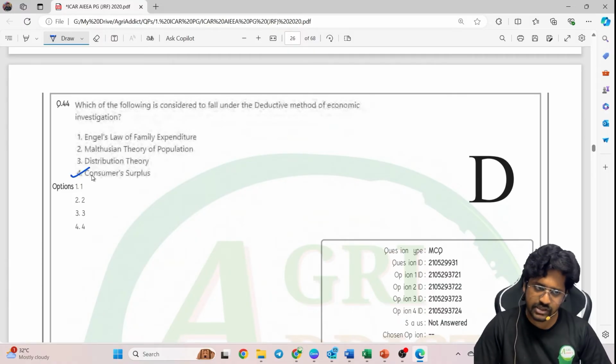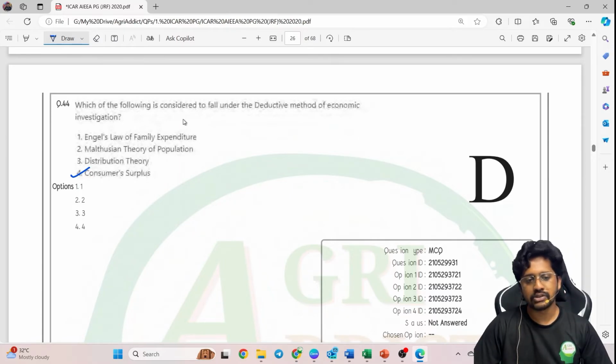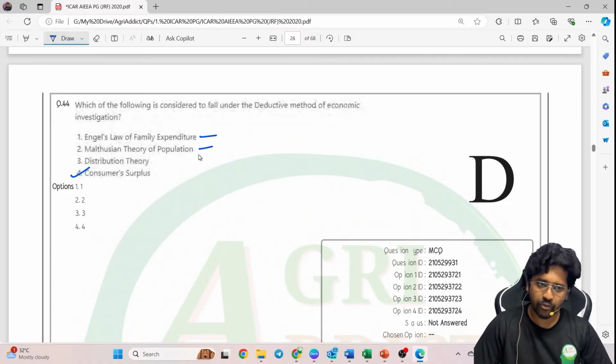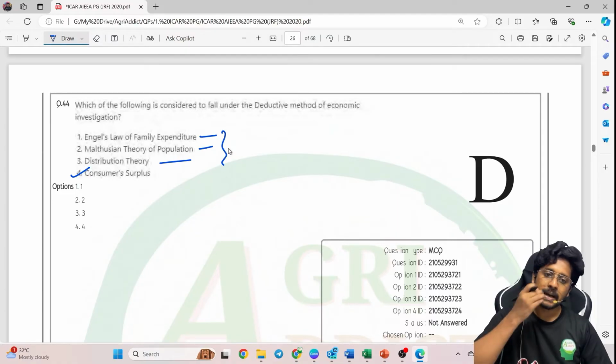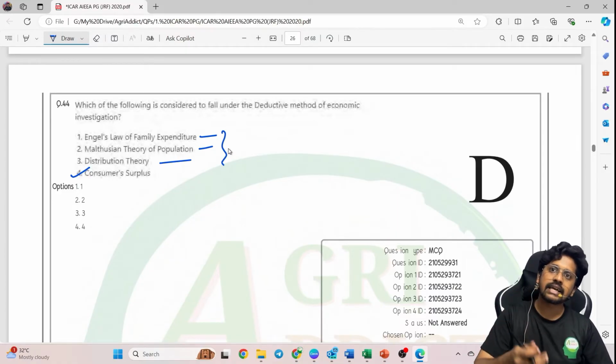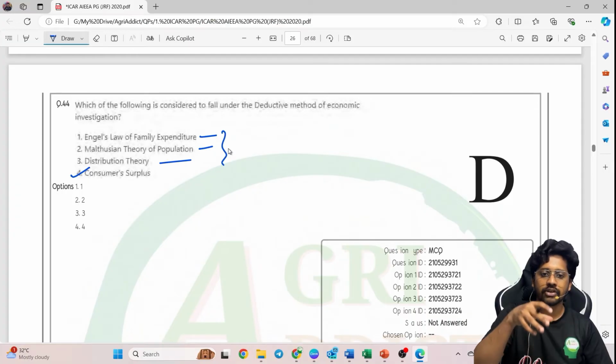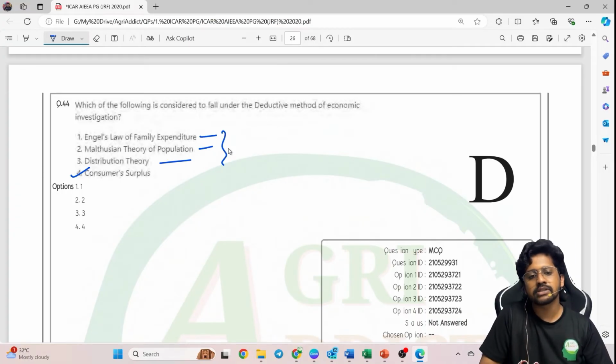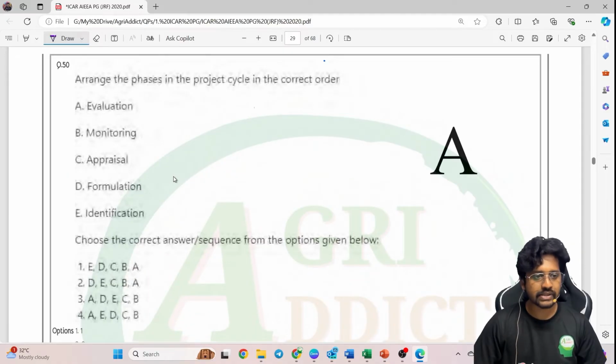So consumer surplus goes under the deductive method, which also means that Engel's law of family expenditure, the Malthusian theory of population and distribution theory were formulated under the inductive method. Actually there is no single methodology of economic investigation that is correct. At times we have to combine both in order to find the final, accurate results. Next question is question number 50.